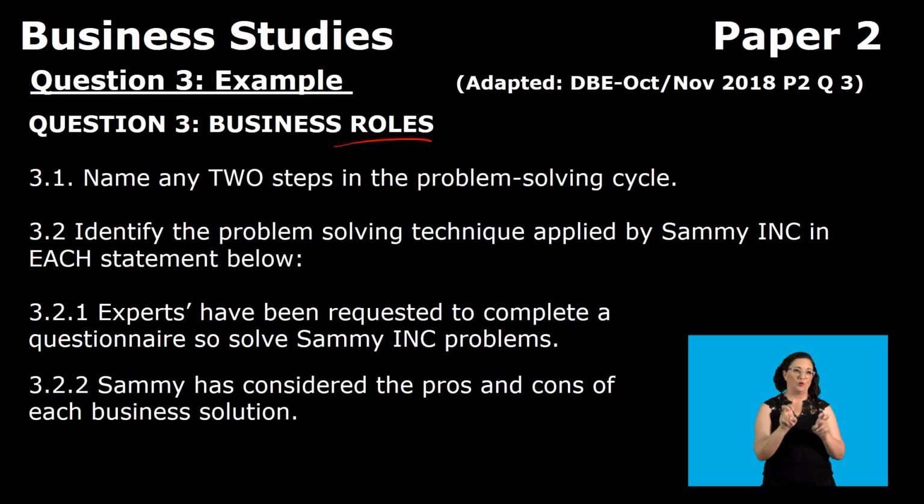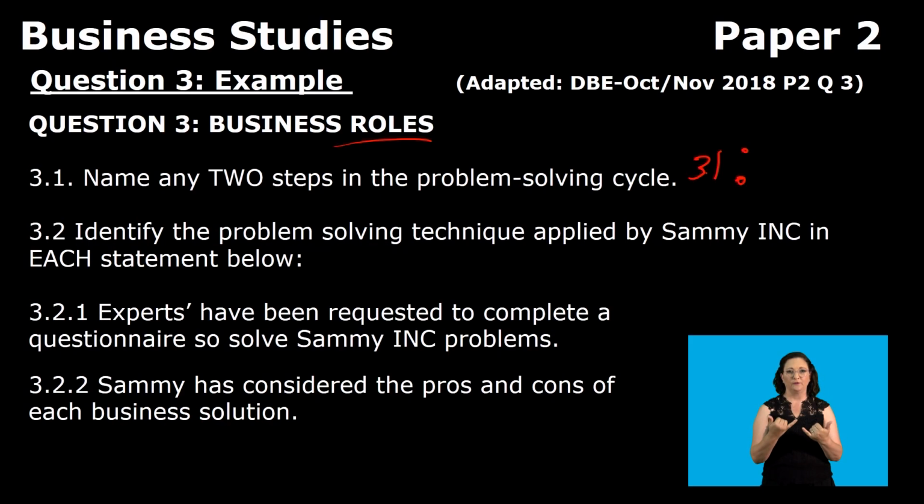Right, so 3.1 says name any 2 steps in the problem solving cycle. So you'll write your 3.1 in your answer book and then you're going to name 2 steps in the problem solving cycle. I hope you understand. Then 3.2, identify the problem solving technique that is applied by Semi-Inc in each statement below.